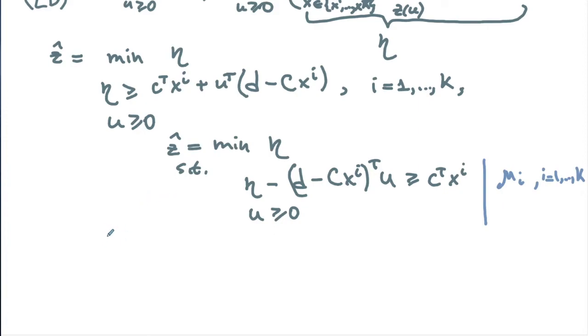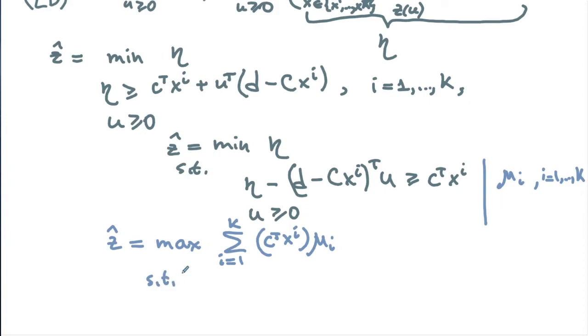So, because of the strong duality for LP, we'll have z hat is equal to the maximum of the right hand side times mu i, so the summation of all of this for i between 1 and k of C transpose times xi multiplied by mu i.